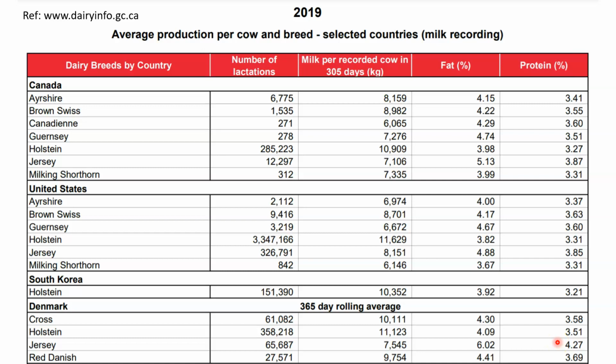If I ask you the typical protein percentage of milk and you tell me 2.5 or 4, 4.5, that's the wrong answer. I'm expecting somewhere around 3.3 to 3.5. Similarly with fat, if I ask you about Jersey versus Holstein Friesian, you should be able to give me an acceptable answer.